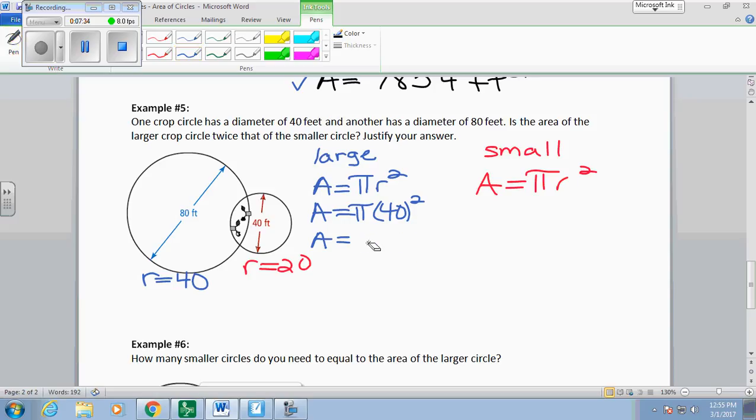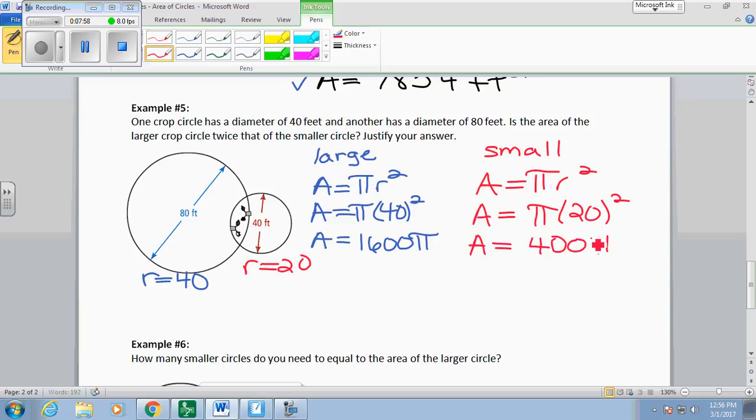What I'm actually going to do here is leave my answers in terms of pi. So I'm going to find that 40 squared is actually 1600, and then I'm going to leave my answer in terms of pi. For the small circle, 20 squared, so my area in terms of pi is 400 pi.